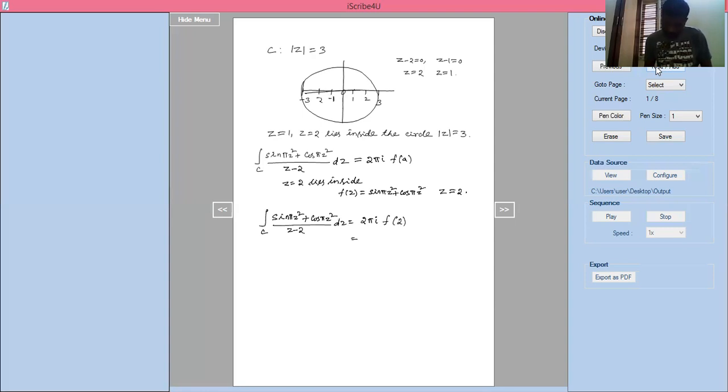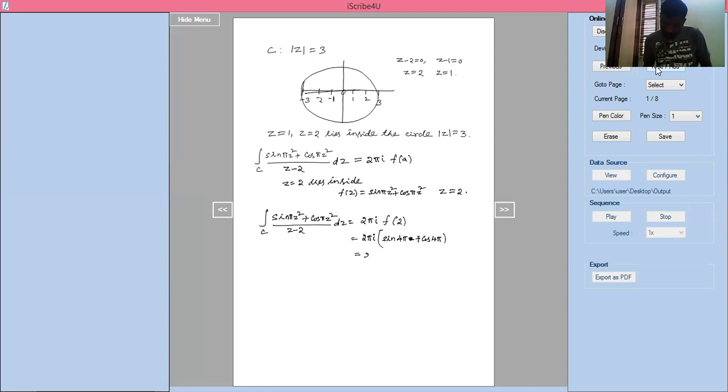Now we will put 2 pi i into f of 2. What is that? For f of 2, in the place of z square I am putting 2 square, so we get sine 4 pi plus cos 4 pi.